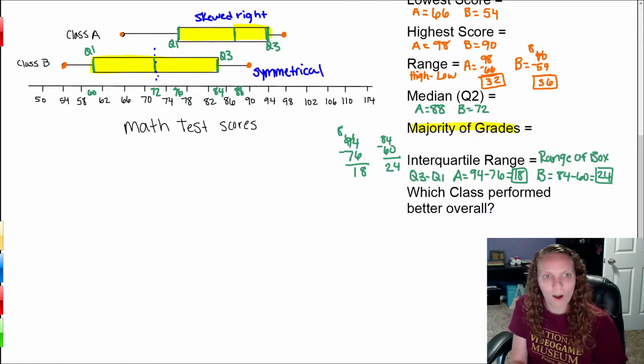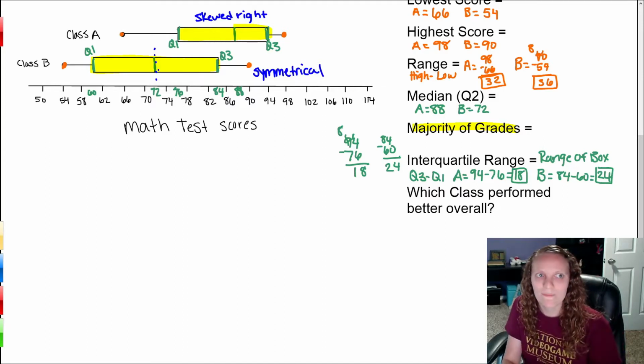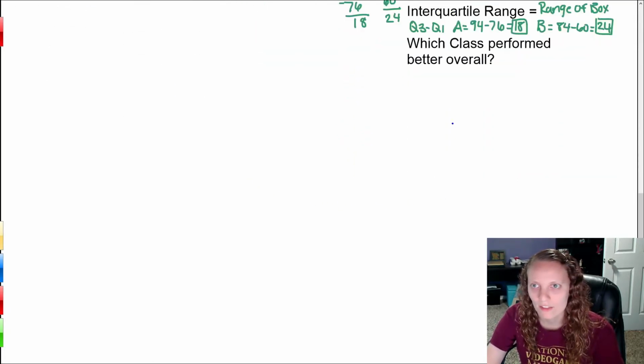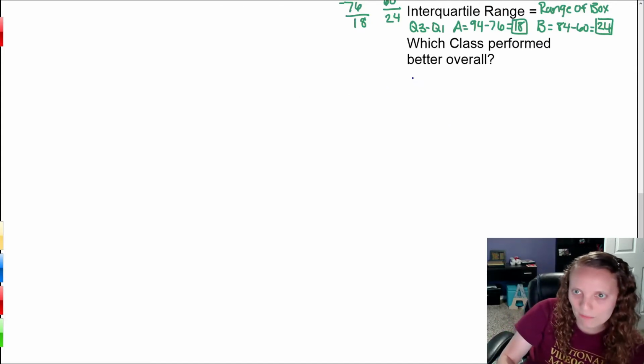Now, its box is in the lower grades compared to class A. So which class performed better overall? I'm noticing that class A has higher scores than class B does. So class A did better overall.